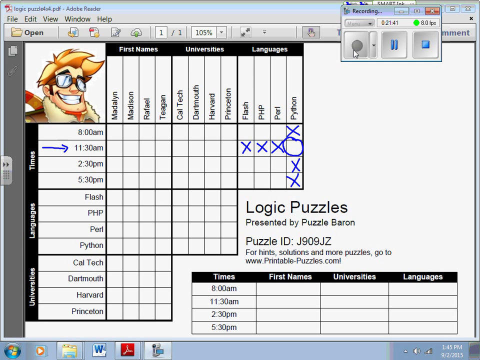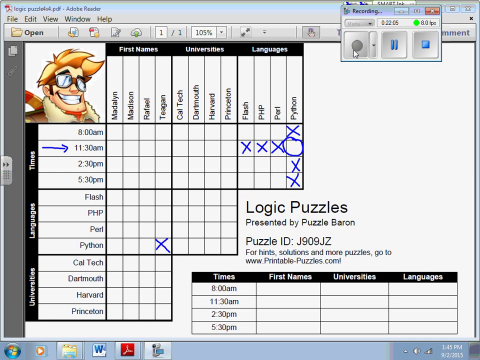So go to Tegan, match him with Python. Tegan does not do the Python because they're two different people.